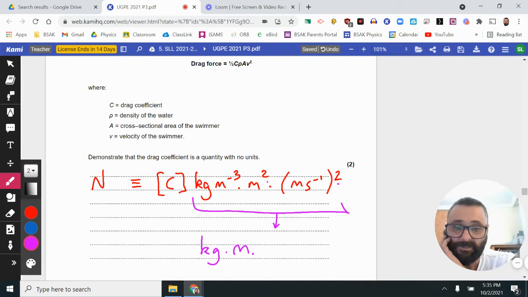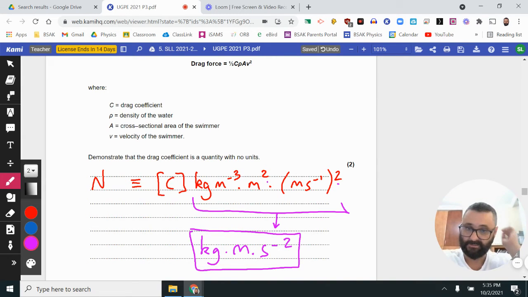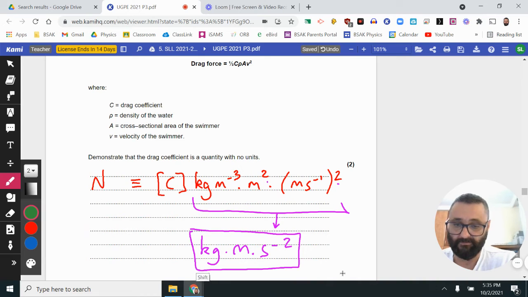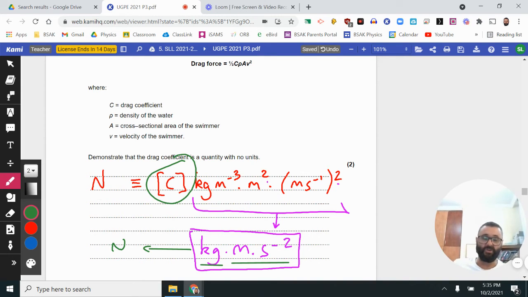And we've got s to the minus 1 squared, so that's s to the minus 2. Now that is the base units of the newton. Force equals mass times acceleration. So that is equivalent to newtons. So this fella must be unitless.